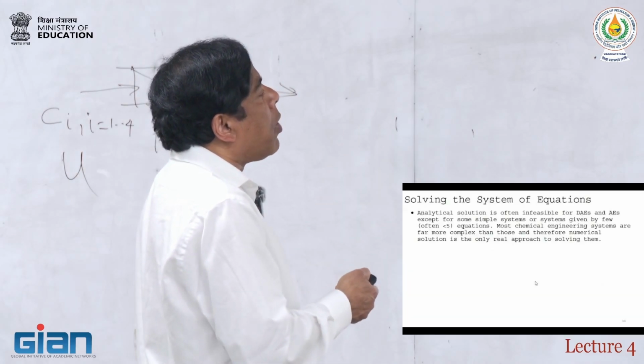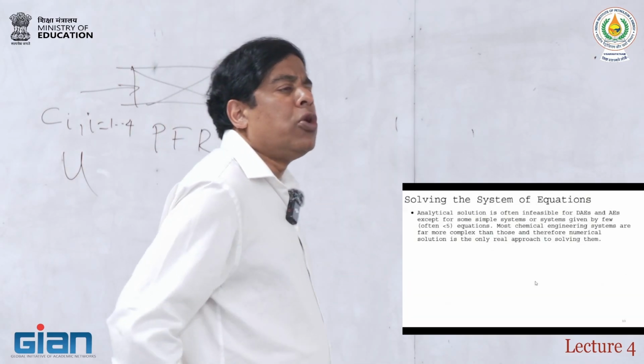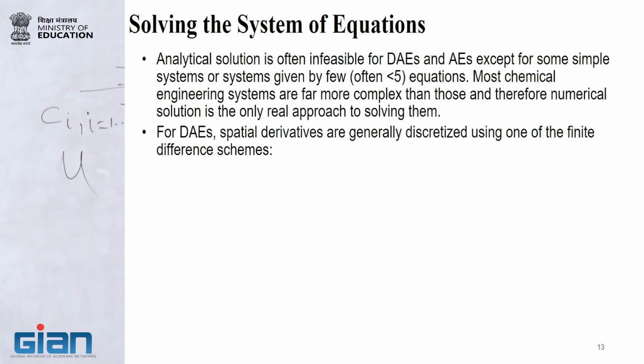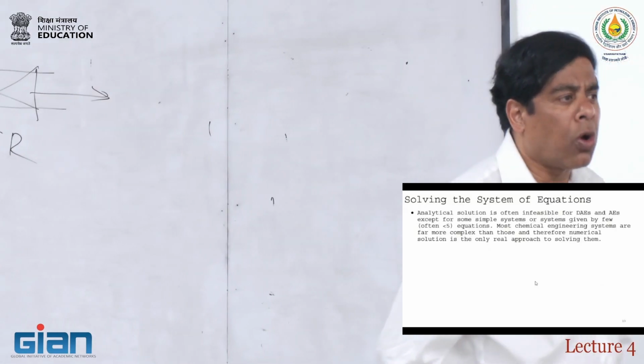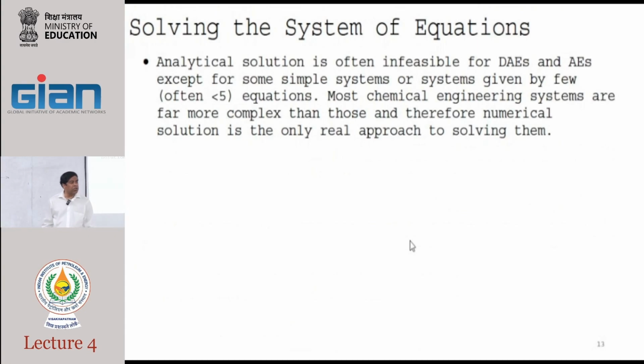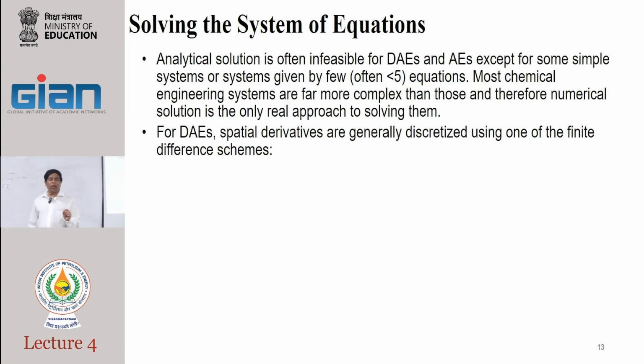You cannot really come up with an analytical solution. As part of our graduate class, like the transport class, you have solved PDE problems using combination of variables or separation of variables, but you solved only one equation there.